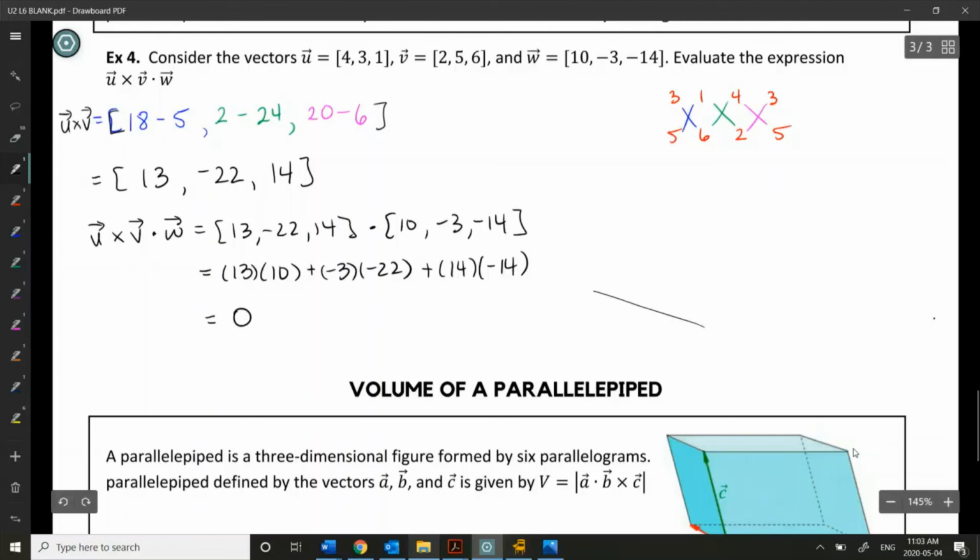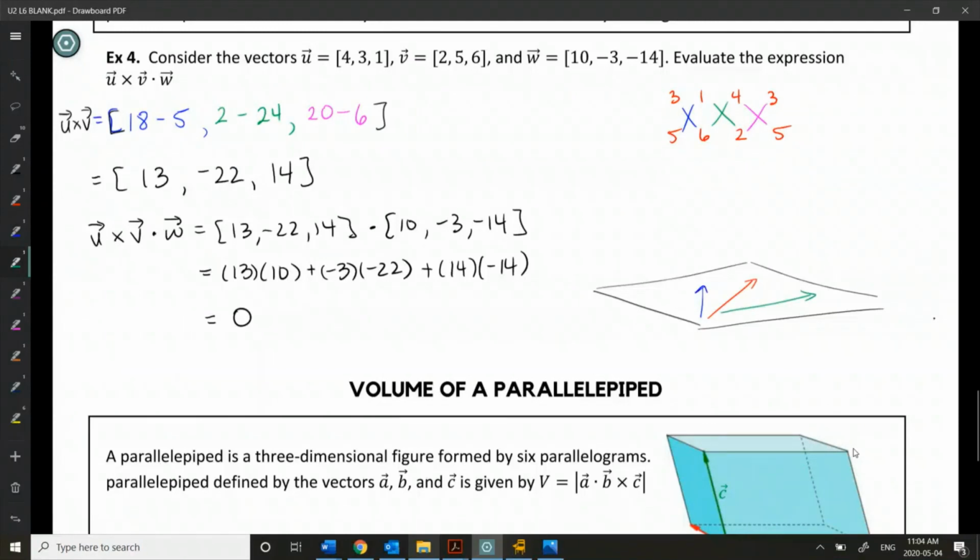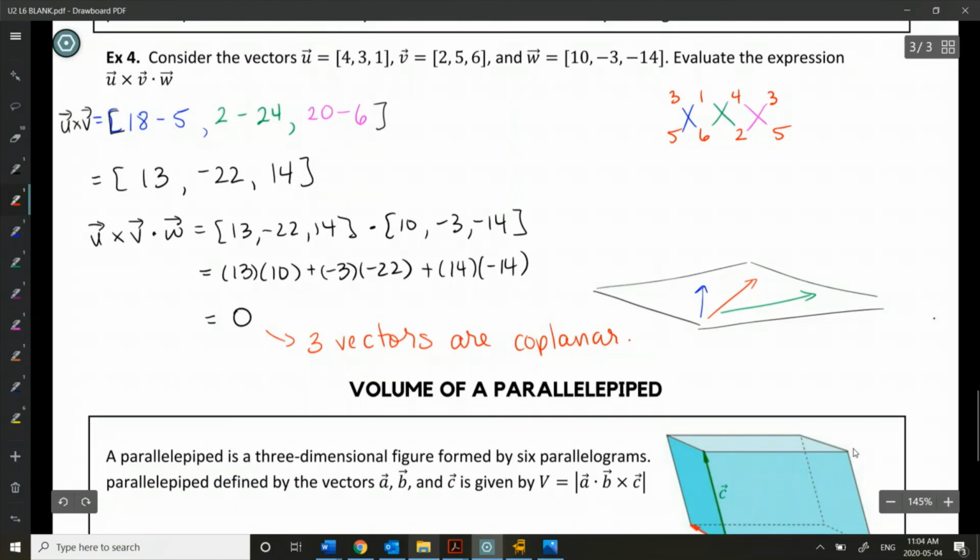Well, really what this means is if I have a plane, imagine a sheet of paper almost, these three vectors are all lying flat on this same plane. So they're actually not making a shape at all. They're just simply three vectors that are lying in the same plane. And actually what this means when we get the triple scalar product equal to 0 is that the three vectors are what we call coplanar. Okay, meaning they lie in the same plane.